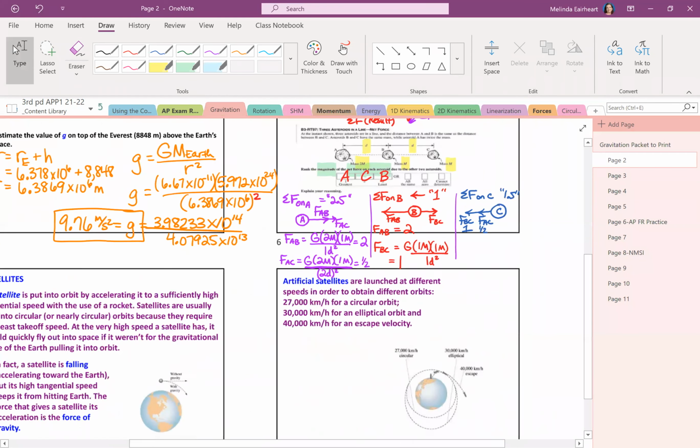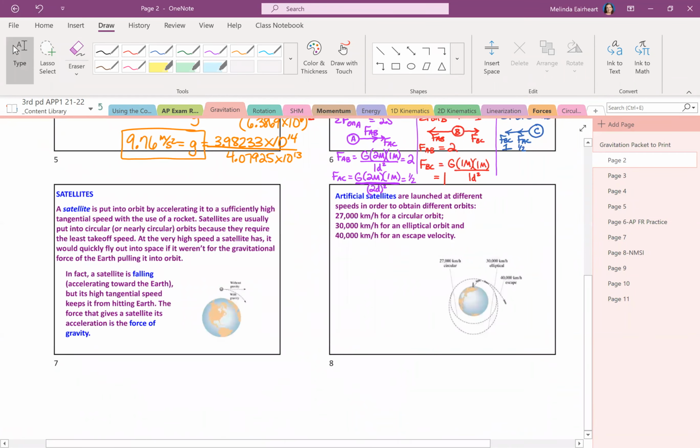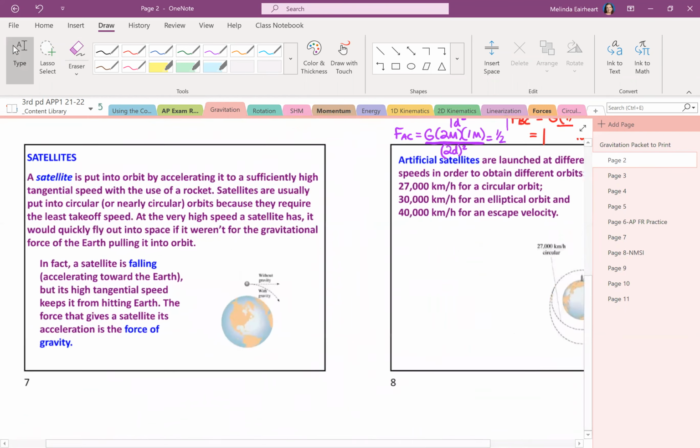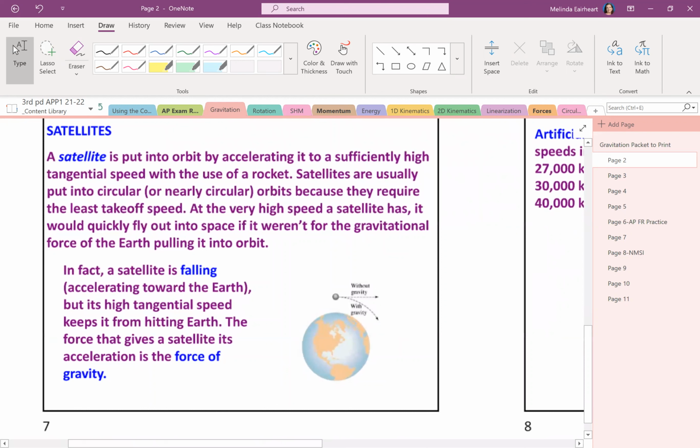All right, the next 2 slides aren't really work, it's more like information. Did y'all know that satellites are falling? They're falling towards Earth. Now, how come they're not in our backyard here? That tangent velocity. They have enough speed to be in motion tangent to the circle, and gravity constantly is pulling on them to keep them in a circle, right?